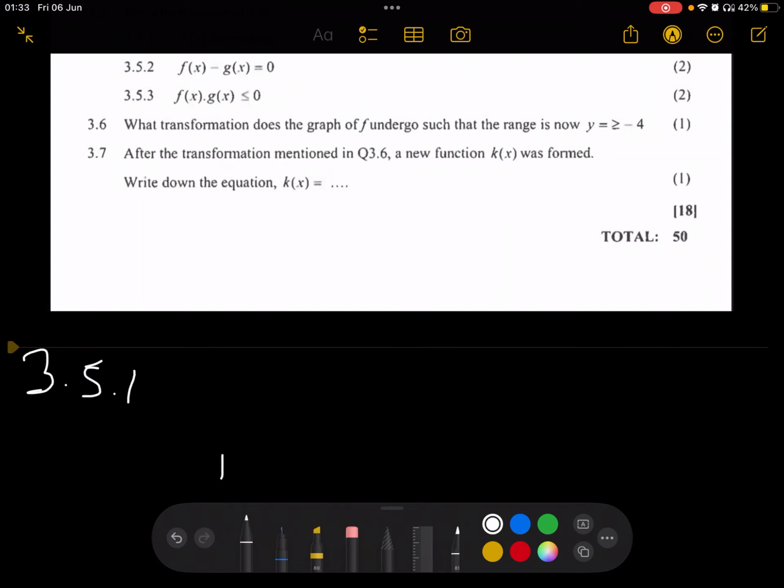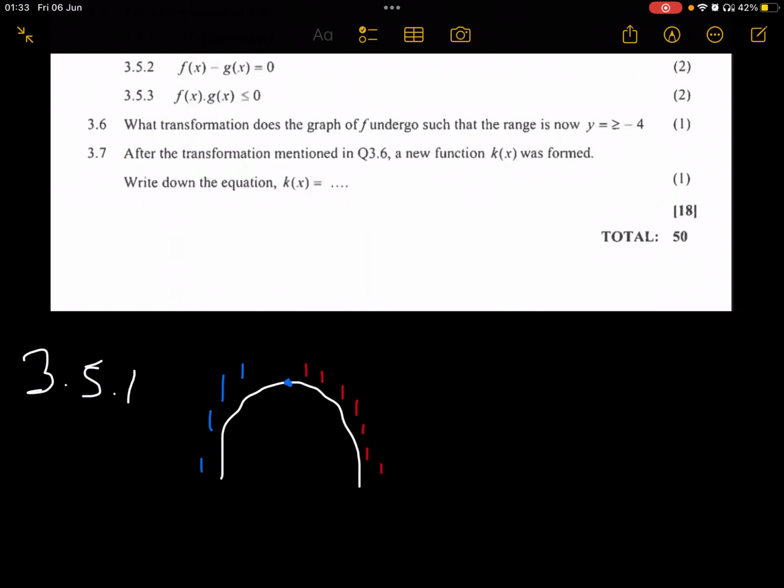Now the graph of f of x is looking like this. And as we move from here, we're going up, up, up, up until we get to the turning point here, which is the value of q. Then we start going down, down, down, down.